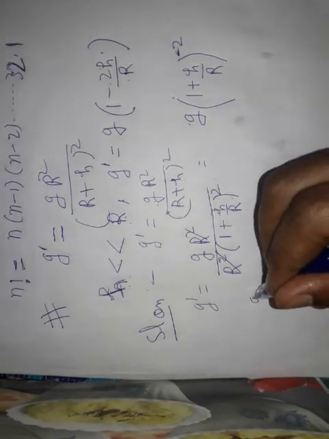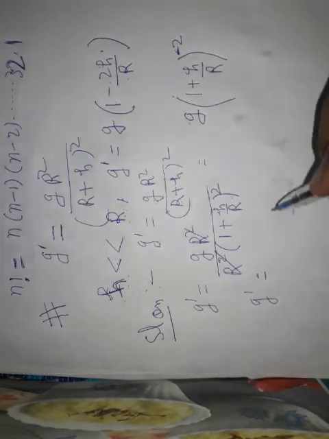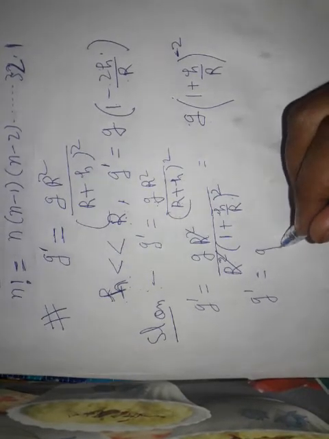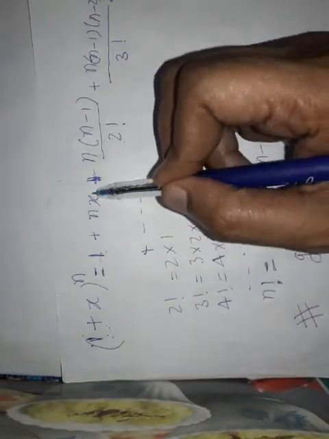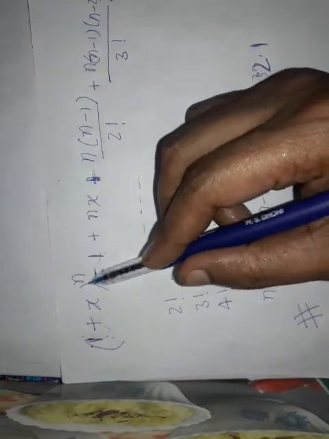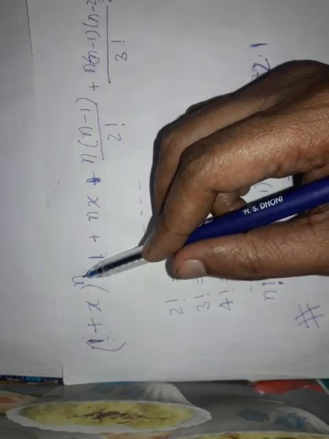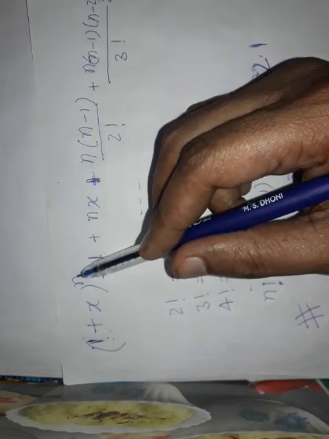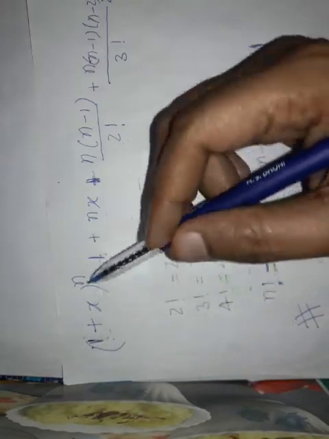So by using the binomial theorem up to second approximation. What is second approximation? This is the first approximation, 1 plus nx is the second approximation, meaning the power of this expression can be taken as a multiple of the second term.